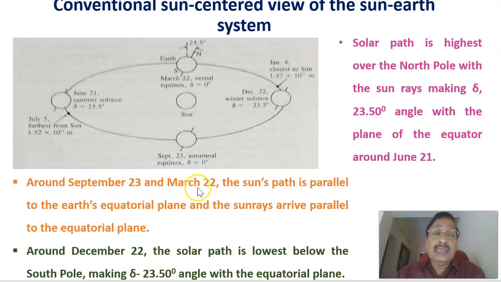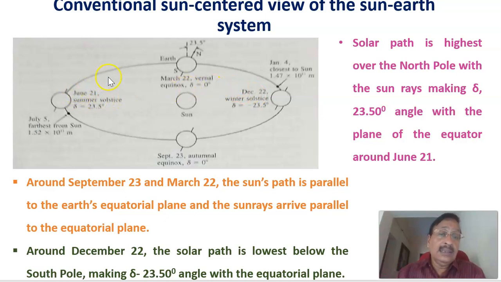Around September 23 and March 22, in these two cases, the sun's path is parallel to the Earth's equatorial plane, and the sun rays arrive parallel to the equatorial plane during this period. And around December 22nd, the solar path is lowest below the south pole, making the angle delta equal to minus 23.5 degrees with the equatorial plane.